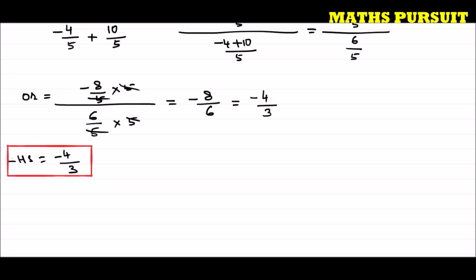So we can easily now say that, therefore, left hand side is equal to right hand side. Hence, this is verified.